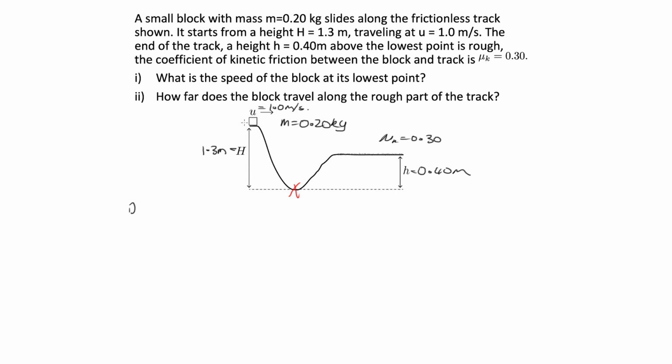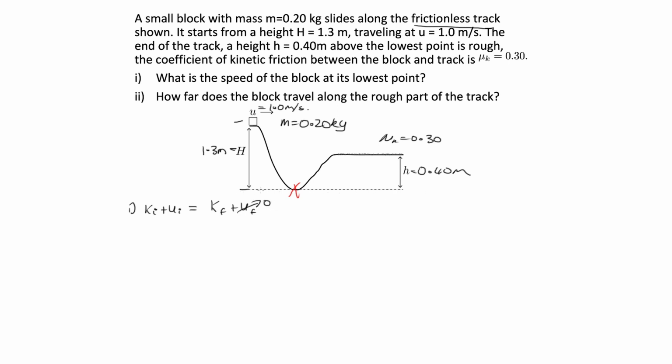So let's consider the energy changes between here and here, where this is a frictionless part of the track. Okay, so we can say, well, the initial kinetic energy plus the initial potential energy is equal to the final kinetic energy plus the final potential energy. Now, down here at this final position, it has got no potential energy.